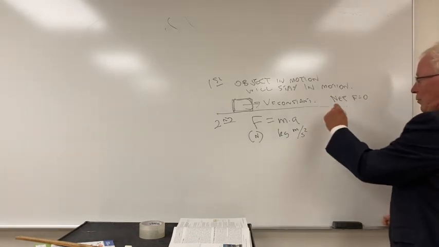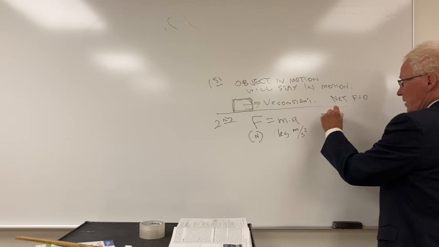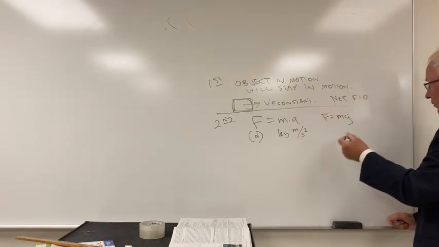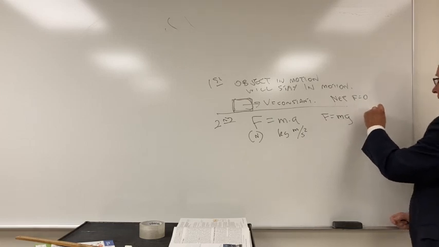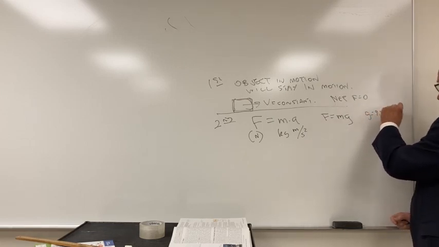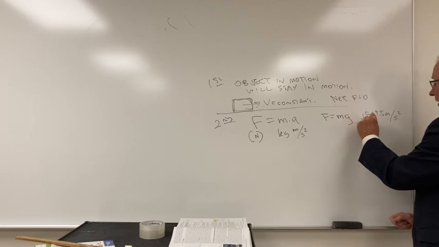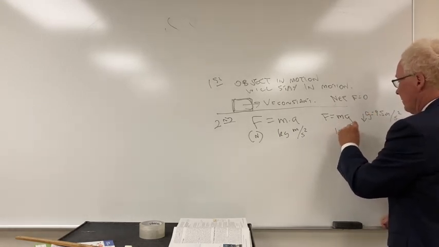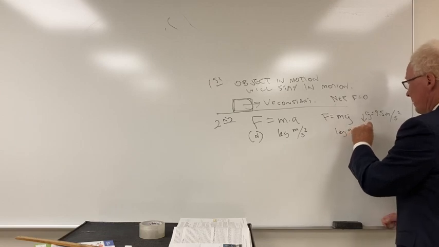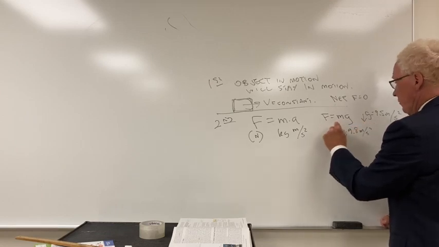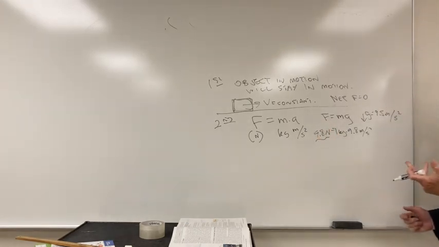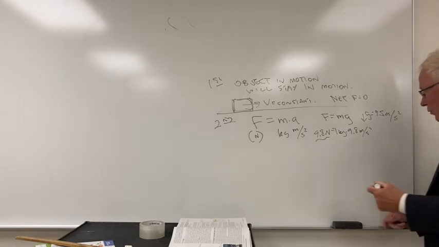And the best example with this is with gravity, where the acceleration of gravity is g, and if we use g as 9.8 meters per second squared, and it's downwards. If we have a 1 kilogram object times 9.8, that would equal 9.8 newtons. All right, so a 1 kilogram object weighs about 9.8 newtons.